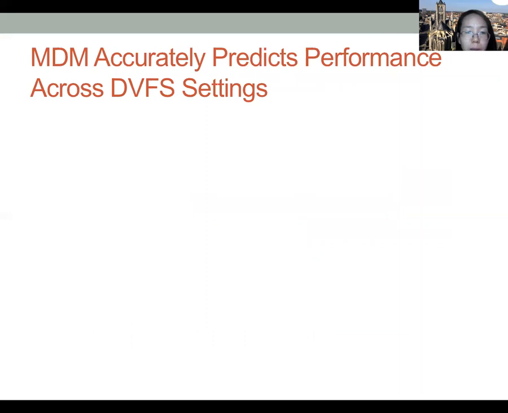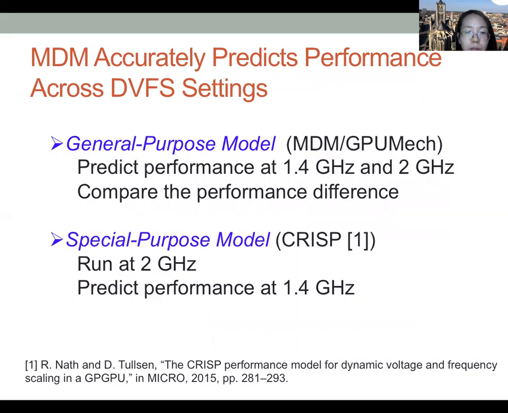Another use case for the MDM model is to predict the relative performance at a different clock frequency. For general purpose models such as GPU-Mech and MDM, we predict performance at both 1.4 GHz and 2 GHz and compare the performance difference. In contrast, for special purpose models such as CRISP, we first run at 2 GHz and then predict performance at 1.4 GHz.